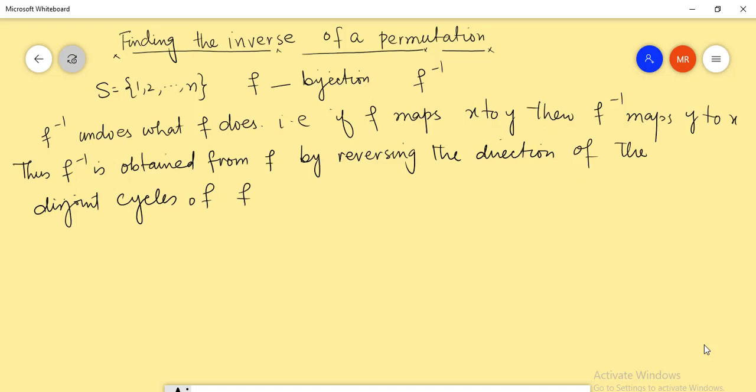For example, I have a permutation F given in disjoint cycle form as (1 3 4)(2 5).